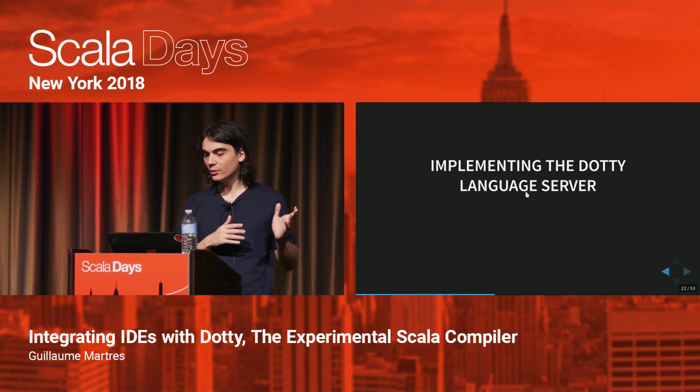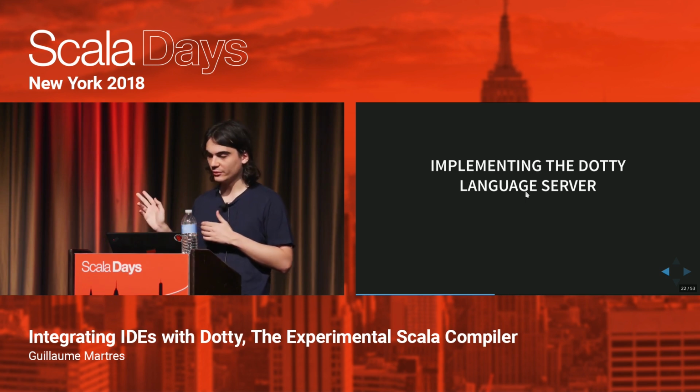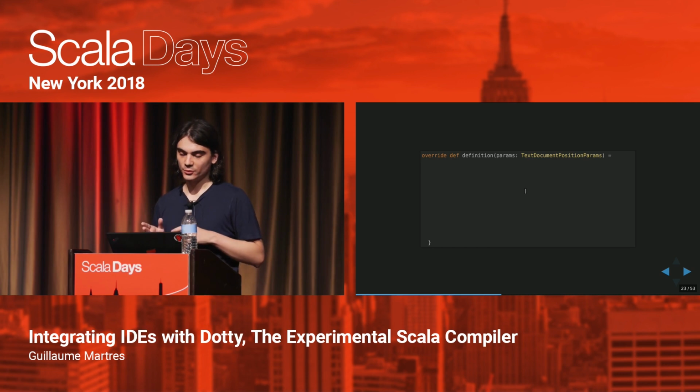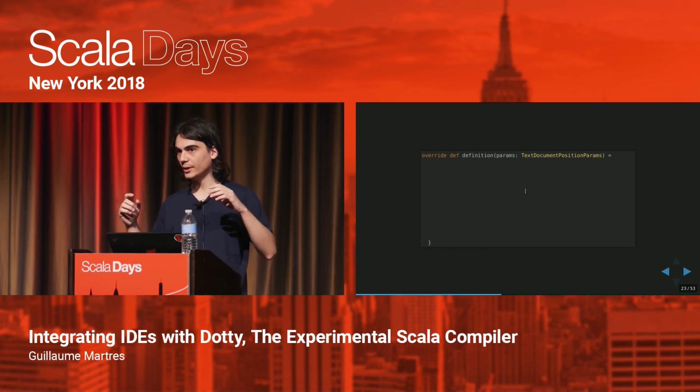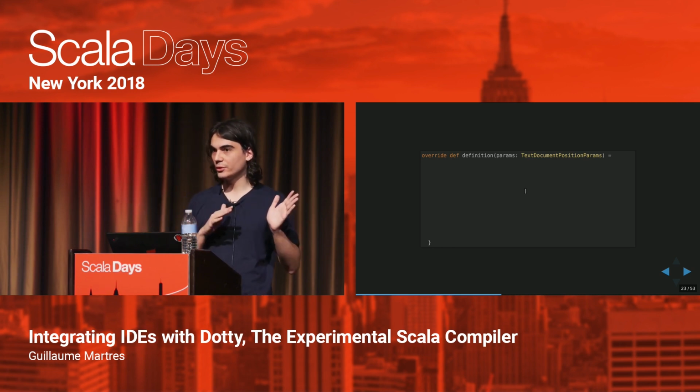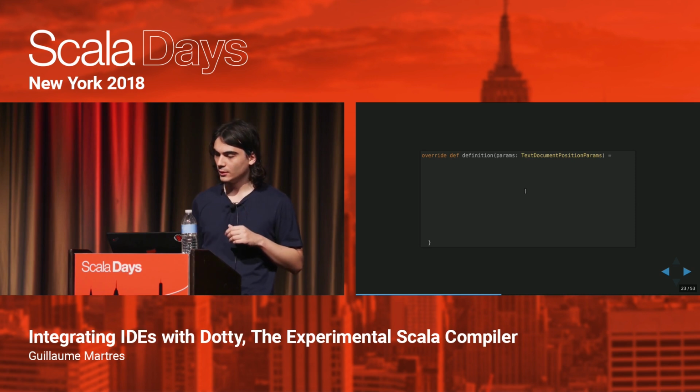So we override a method in an interface that LSP4j provides for us. For go-to-definition, the parameters are going to be the URI, which represents which file you're in, and the position in the file. And that's it. That's all the information you get from the protocol.